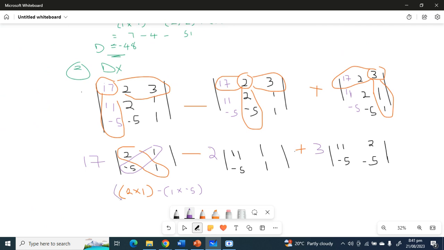Put both of these expressions in one parenthesis, and we have 17 outside here. Minus, then we say we've got 2 here.